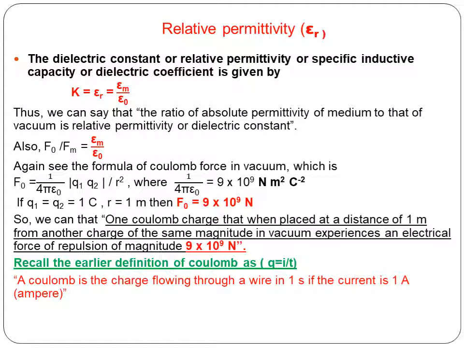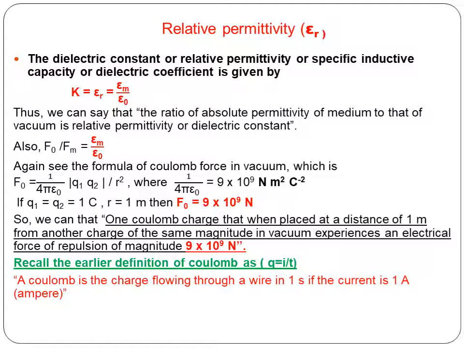Now, if we substitute this value for Q1 equal to Q2 equal to 1 Coulomb and r equal to 1 meter, then F naught equal to 9 into 10 to the power 9.